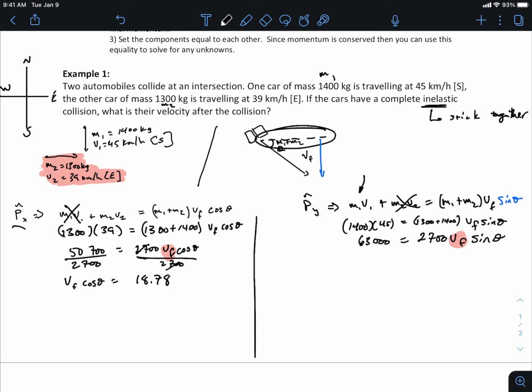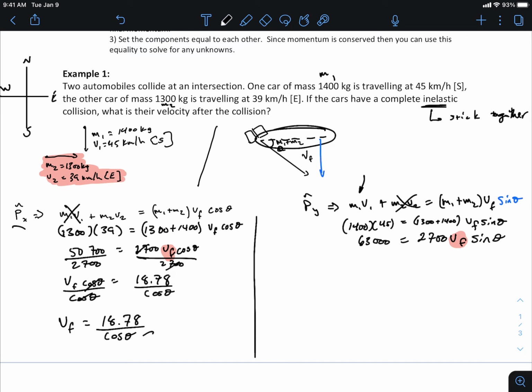And then I can divide both sides by cosine theta. Okay, and that's going to cancel. And so we know what VF is equal to. It's 18.78 over cosine of theta.